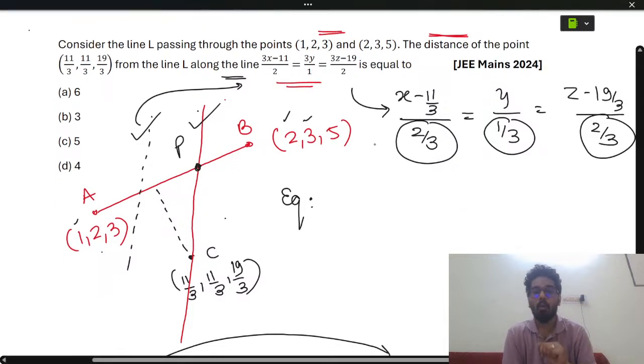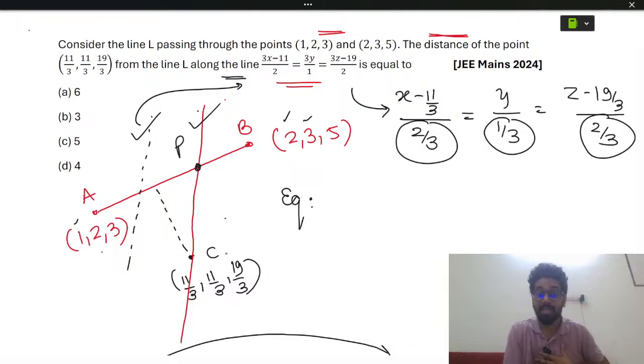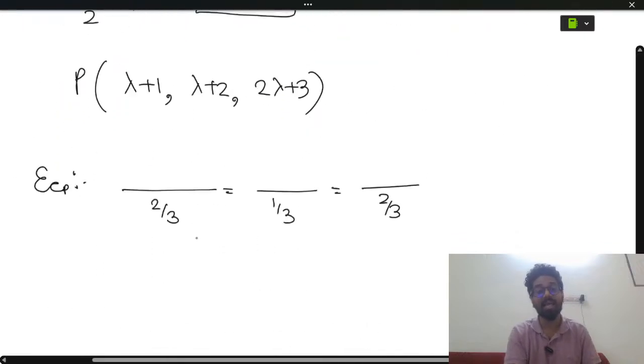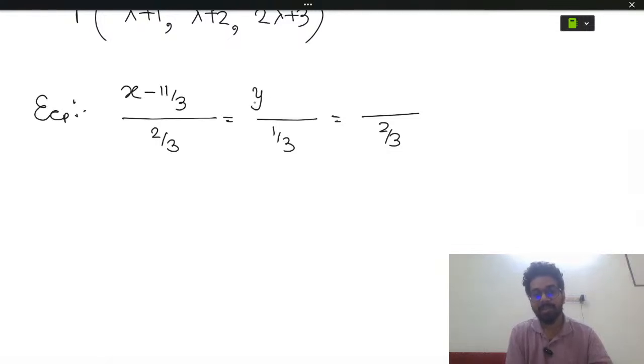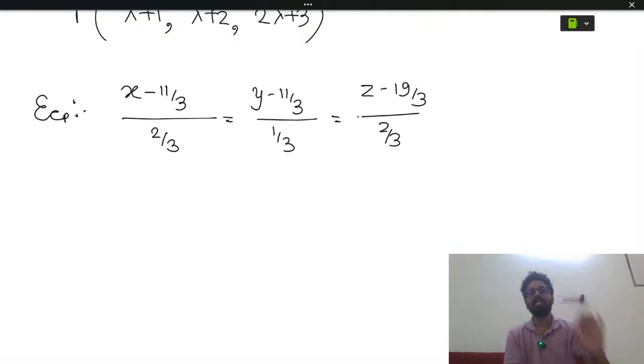Okay, now our line's direction ratios we have calculated, and we know the line is passing through (11 by 3, 11 by 3, 19 by 3). Now write down the equation of the line: (x minus 11 by 3), (y minus 11 by 3), and (z minus 19 by 3). This is the proper way to get the equation of line CP.